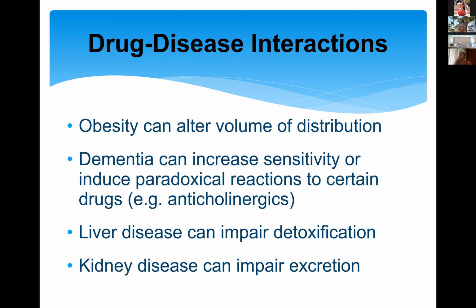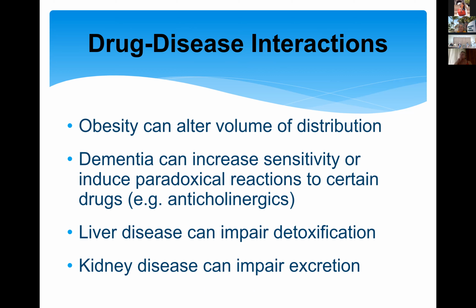So now you can imagine you have a patient with Alzheimer's. Their brain chemical is already low. Now you're giving them a drug that's going to lower it even more. Benadryl usually makes people sleepy. It can make a person with Alzheimer's go completely crazy because it's having this paradoxical reaction.